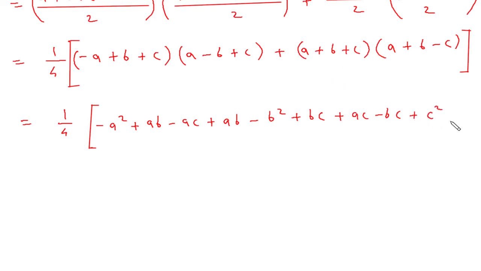Now here this is plus, so plus this will be a into a will be a square, a into b will be plus ab, a into minus c will be minus ac, then b into a will be plus ab, b into b plus b square, then b into minus c will be minus bc, then plus c into a plus ac, then c into b plus bc, then c into minus c, minus c square.